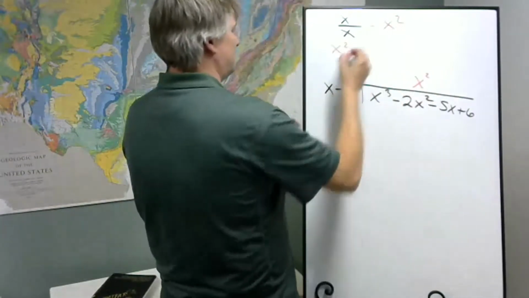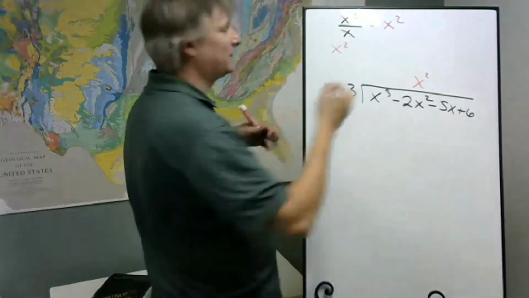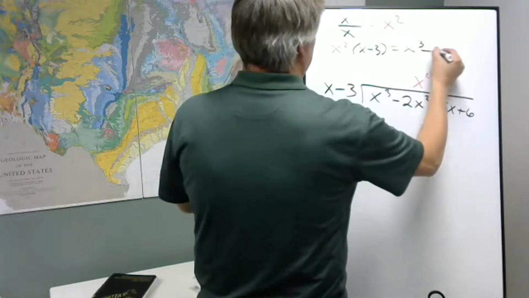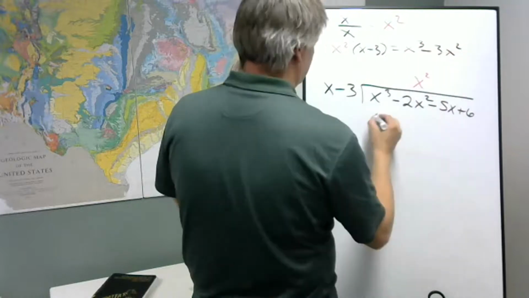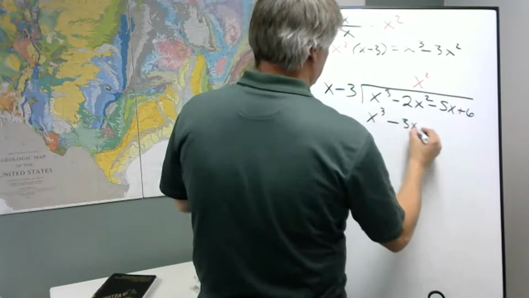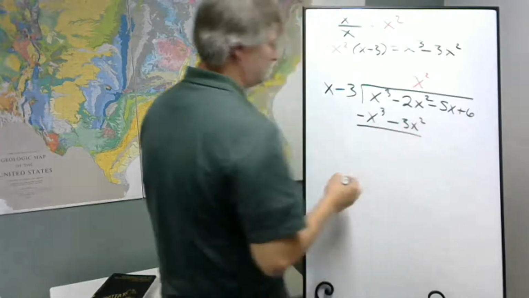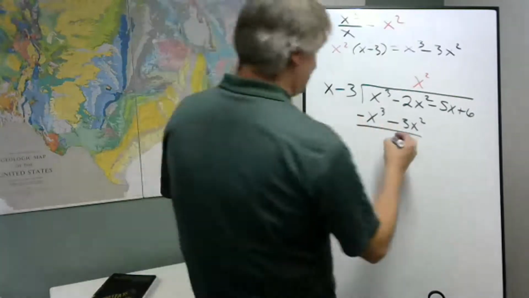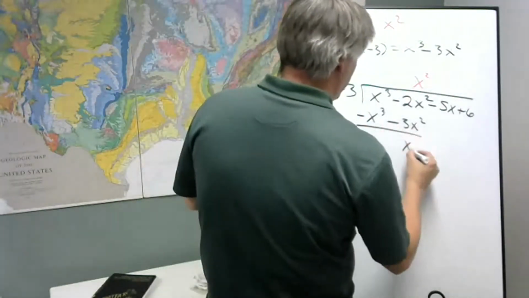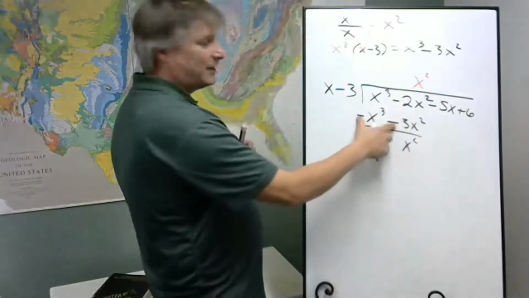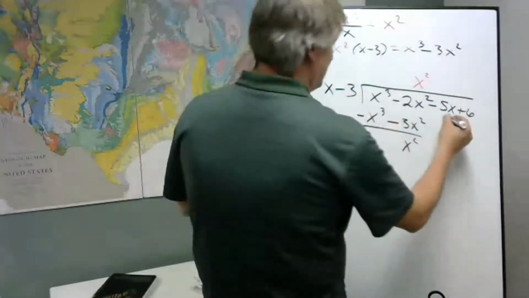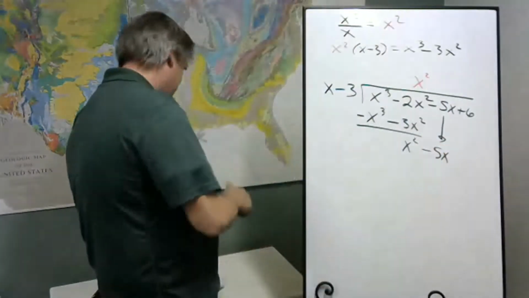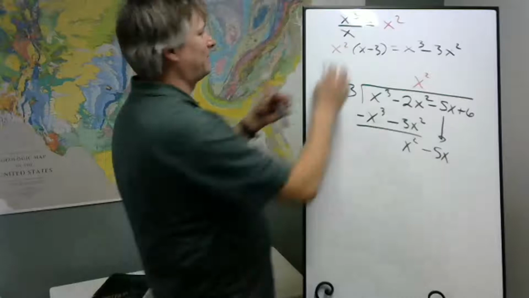And then we multiply x squared into the divisor. So -2 minus a negative, this will be a double negative, so it's a plus. That'll give us x squared, -2 plus 3. And then we bring down the minus 5x, and that's our first cycle.